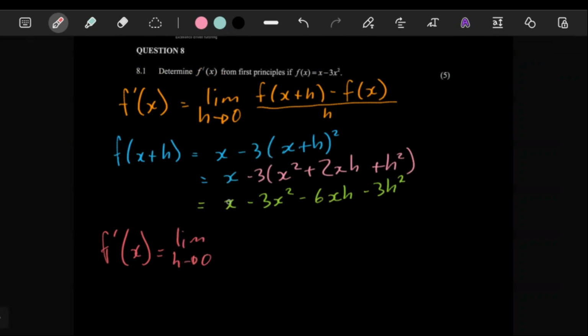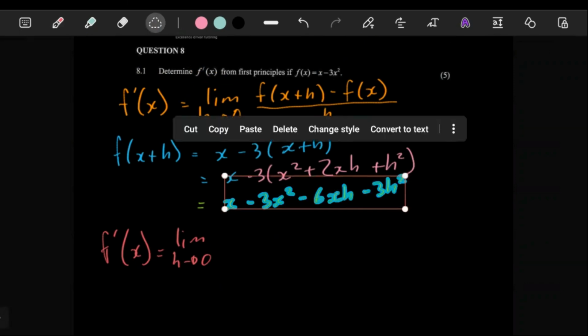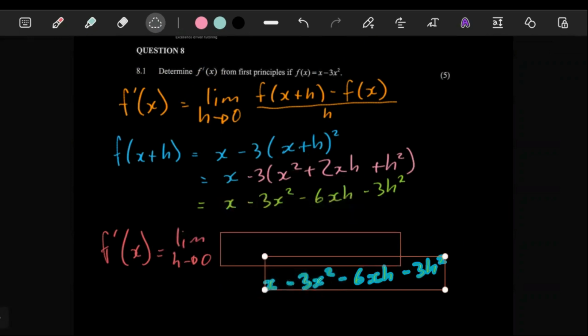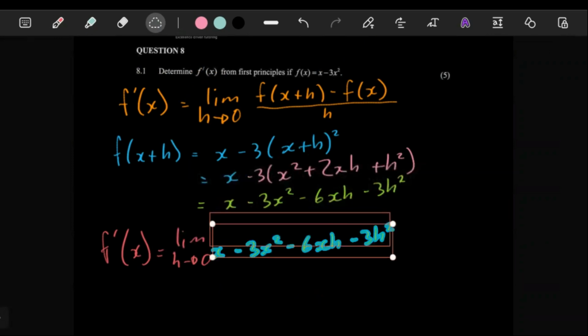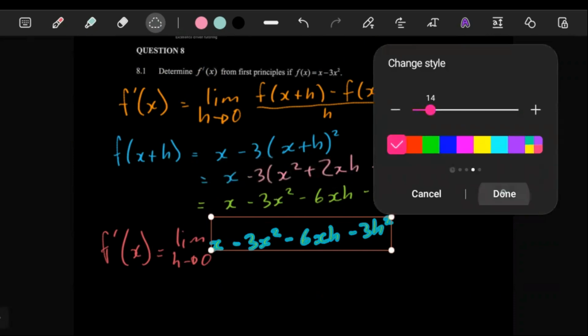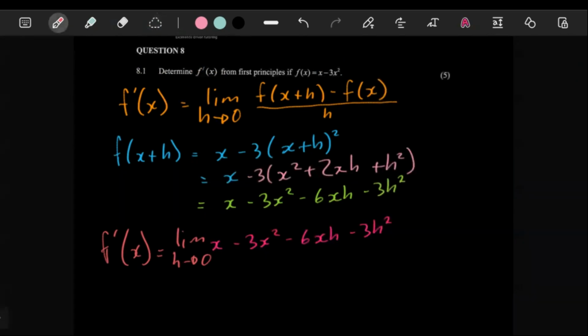We always have to put that there. This whole thing goes where x plus h is, paste. And then here we have minus f of x, so it's going to be negative x and then positive 3x squared, the whole thing over h.